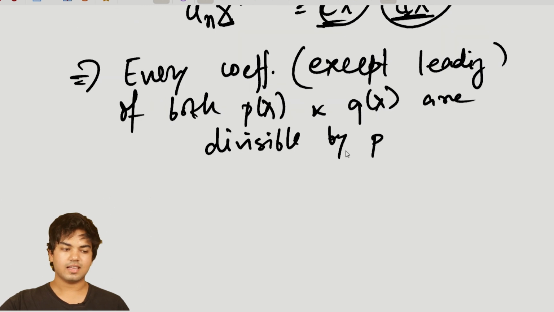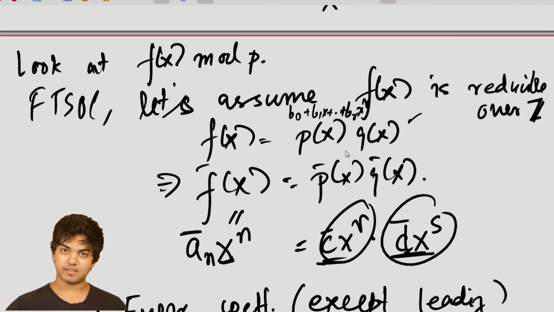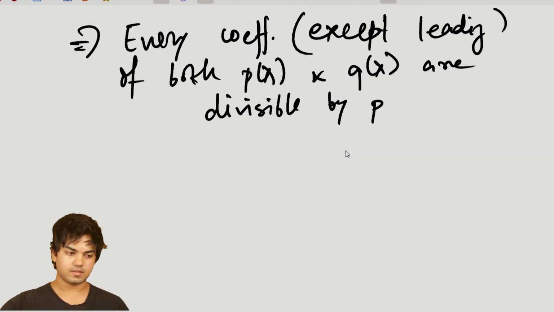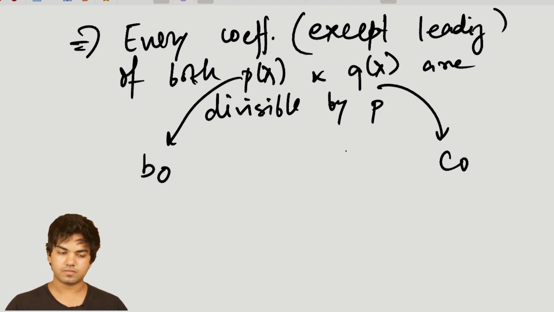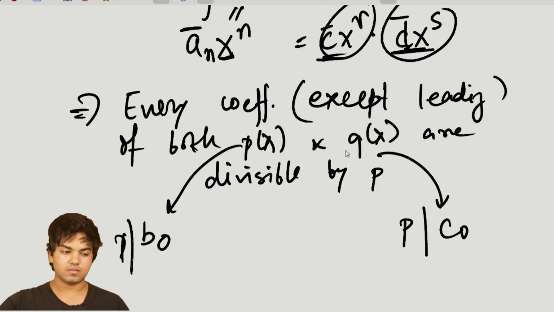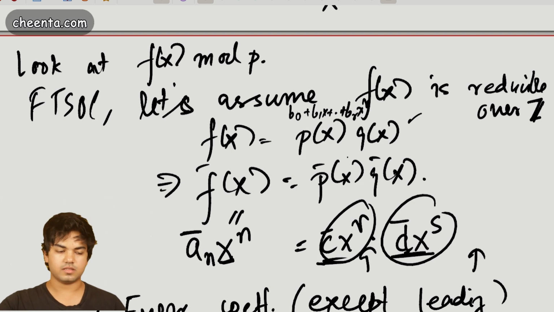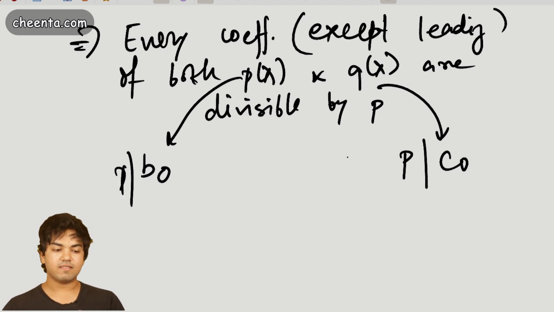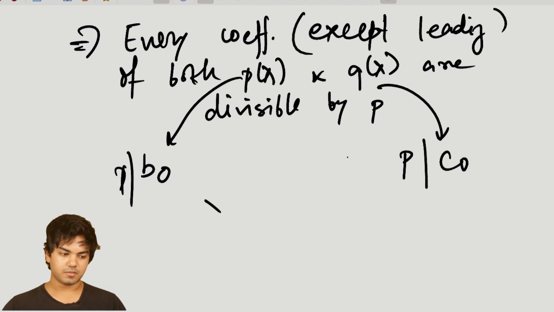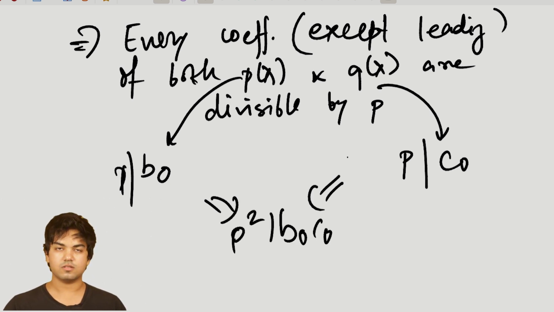But here's the trick: both of their constant terms are divisible by p, which implies if the constant term of p(x) is say b0 and the constant term of q(x) is c0, p divides both of them, right? Since the constant term dies for both of them mod p, as I just said. But if p divides b0 and p divides c0, that means p squared divides b0 c0, the product.